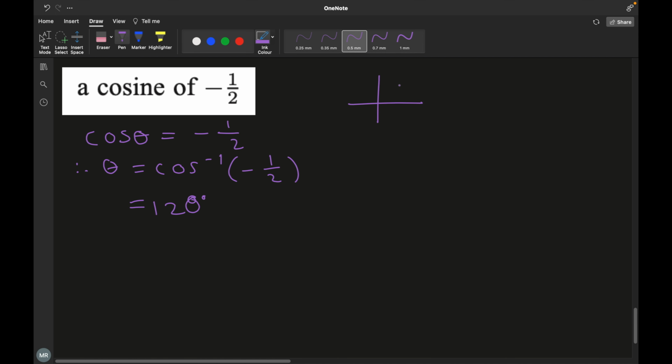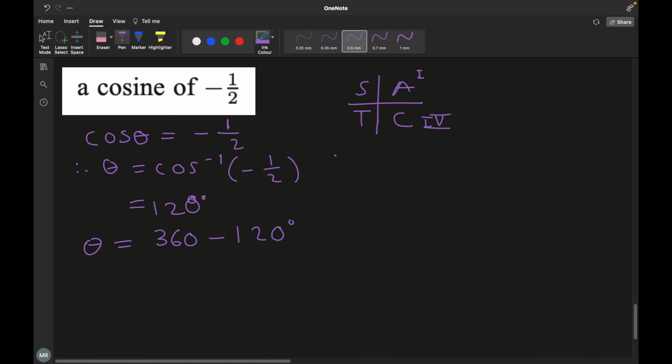Let's draw this again. In the first and the fourth quadrant, cos is positive. So therefore, we're supposed to look at the second and the third because negative 1 by 2 is negative. So we're supposed to find a value which is in the third quadrant. Therefore, theta is 360 minus 120.